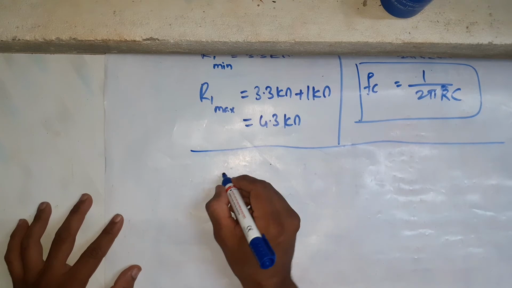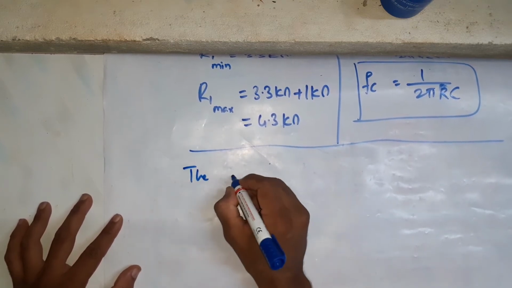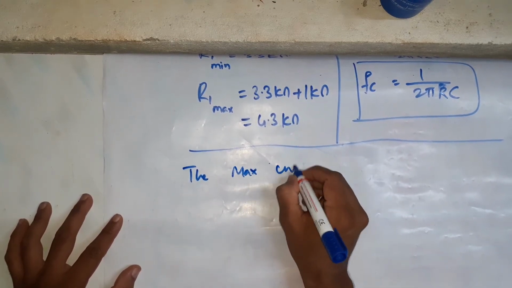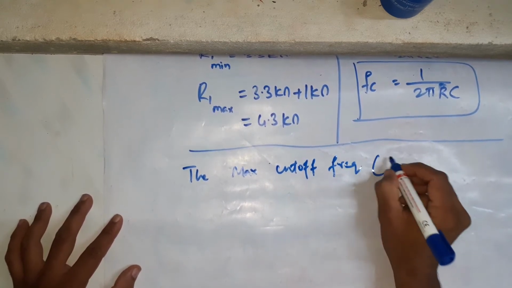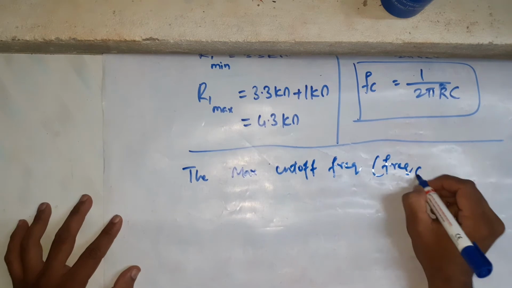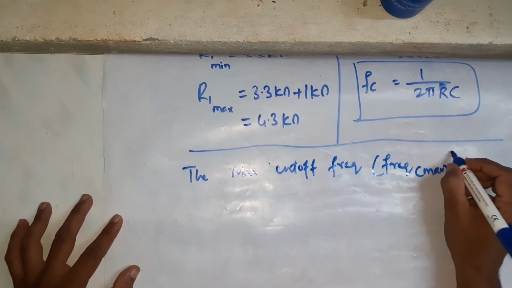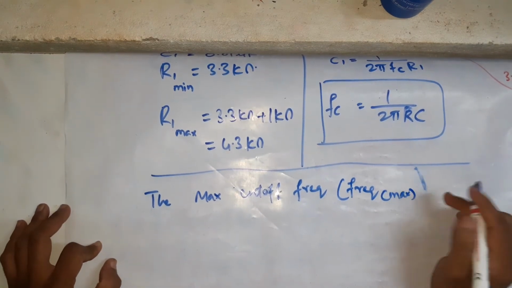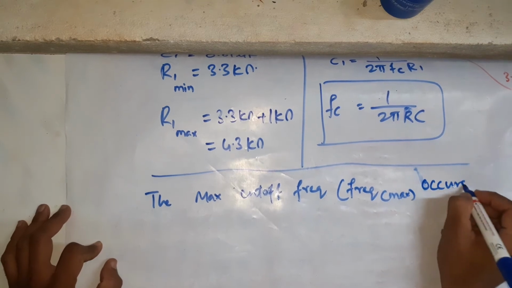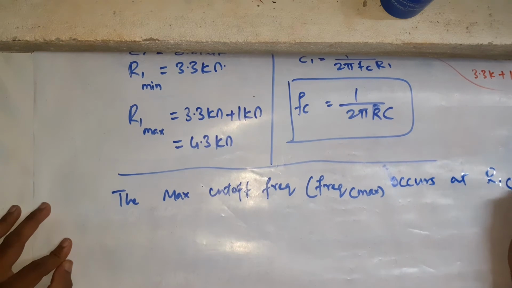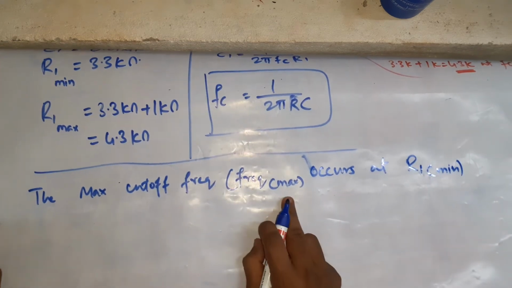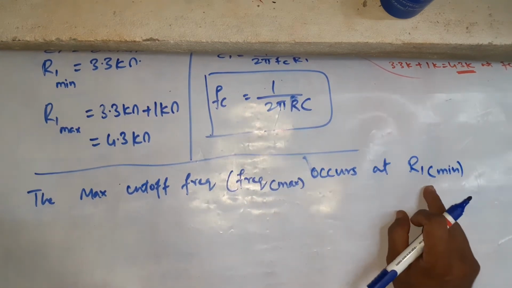So the maximum cutoff frequency, let me call it frequency maximum, occurs at R1 minimum. Understood? Why is this?